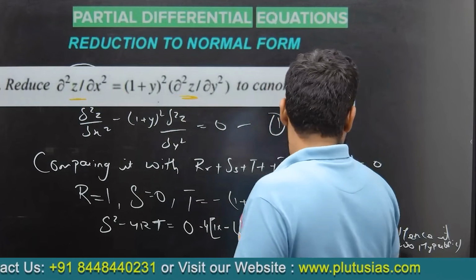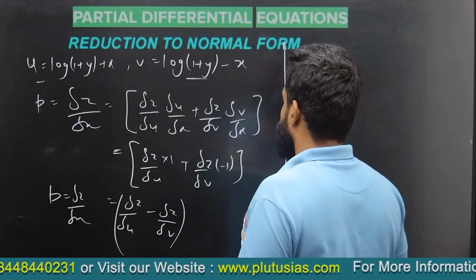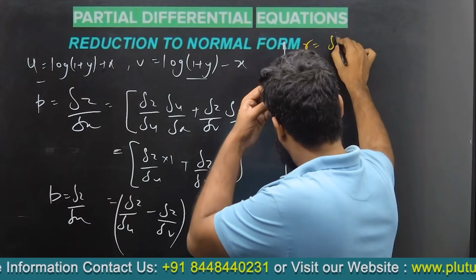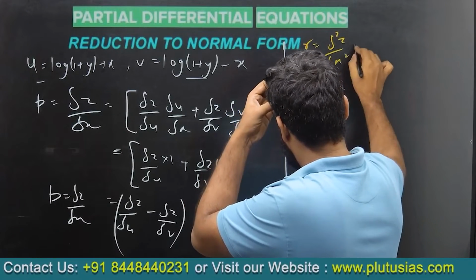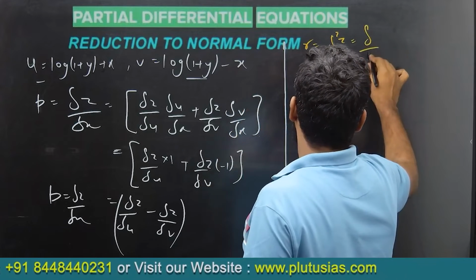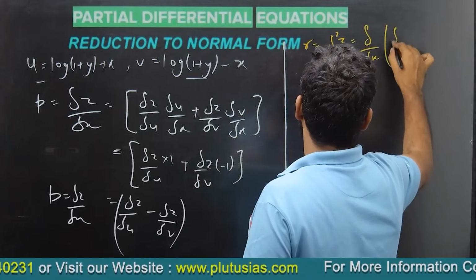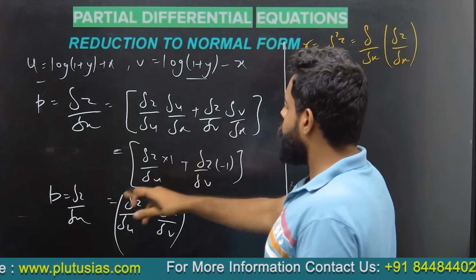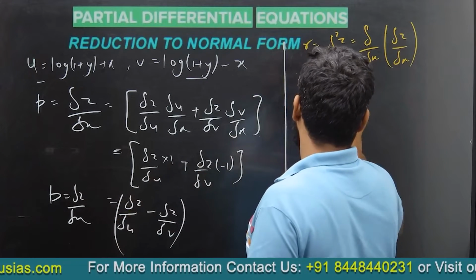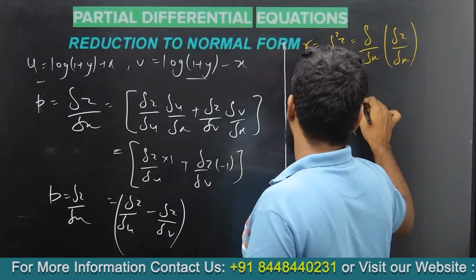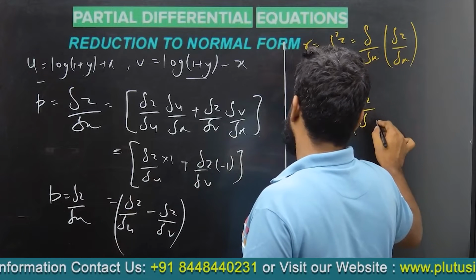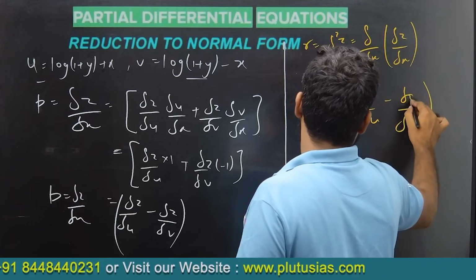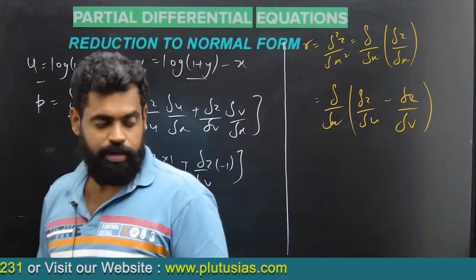So we find the value of r, that is delta square z upon delta x square. This is equal to delta upon delta x, and delta z upon delta x we have calculated as delta z upon delta u minus delta z upon delta v.